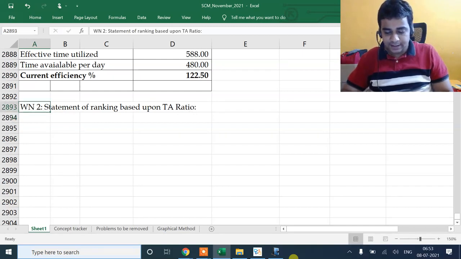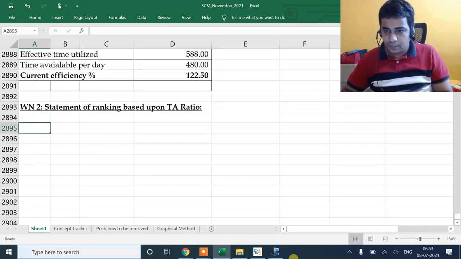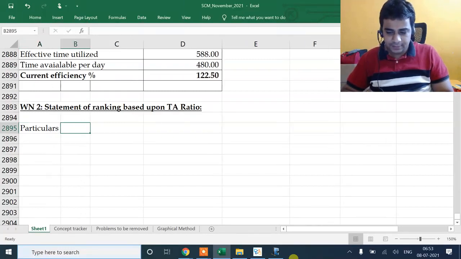The statement of ranking can vary if I follow the marginal costing format. Can vary, I'm not sure on that, but can vary also. They have not asked for an allocation and all.